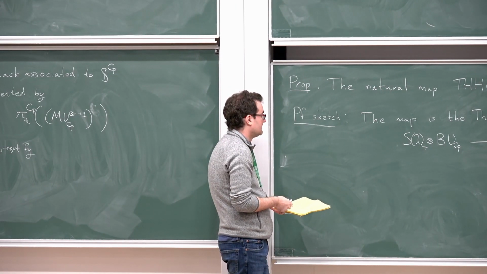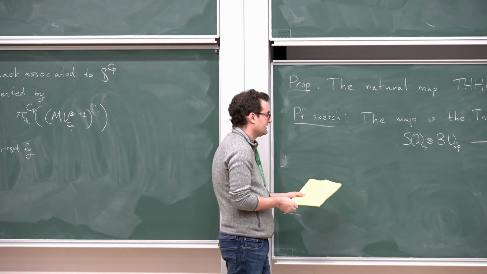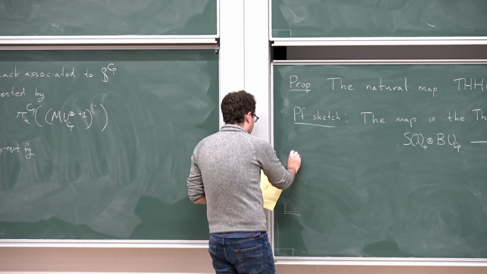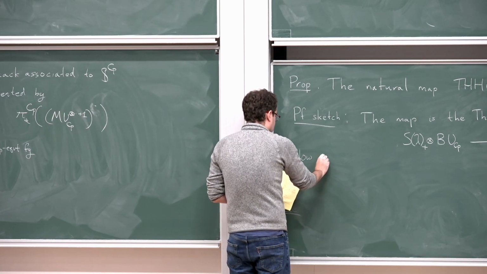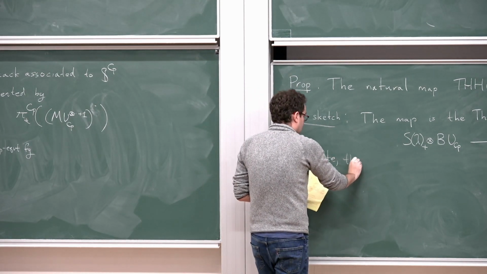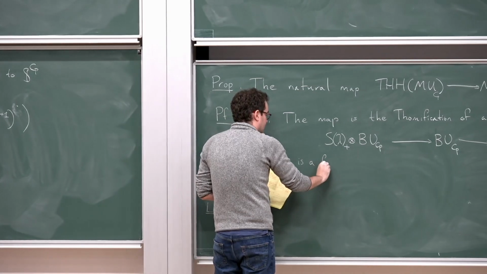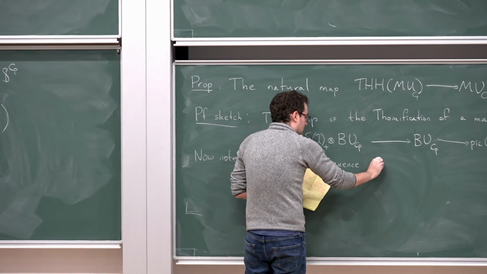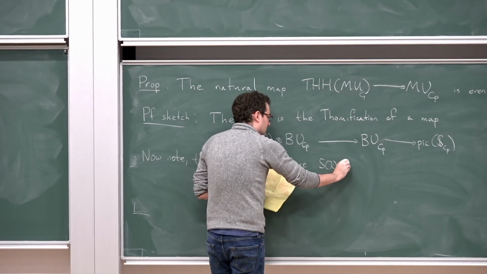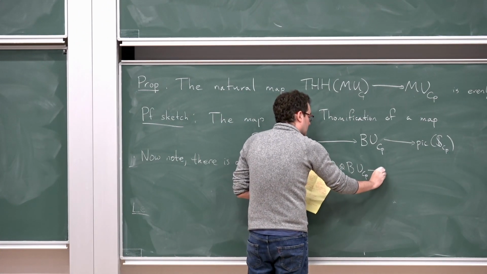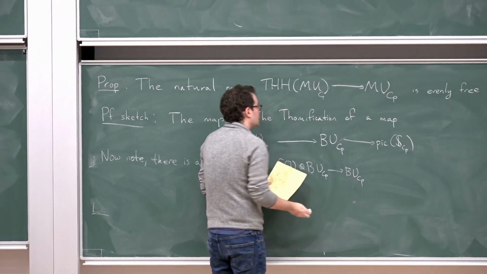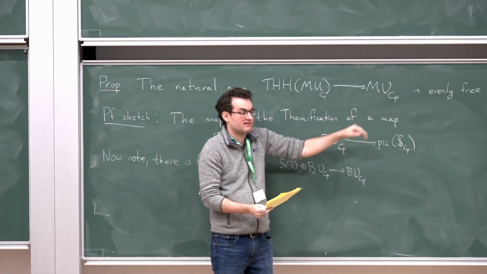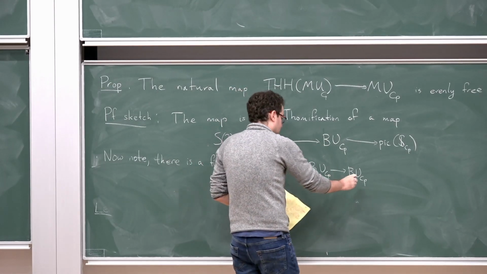Okay. So we have this map, and now I'll just observe that there's a fiber sequence of infinite loop spaces. S of lambda plus... I should say this doesn't depend on the input CP action, but this map depends on the input.